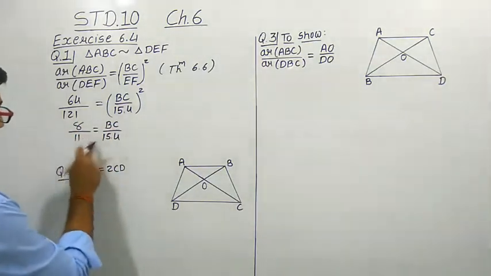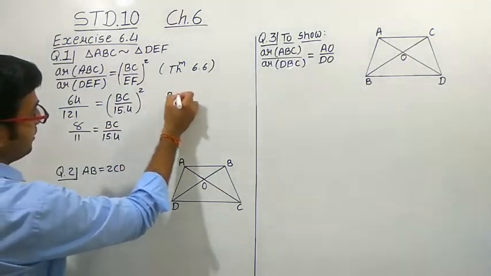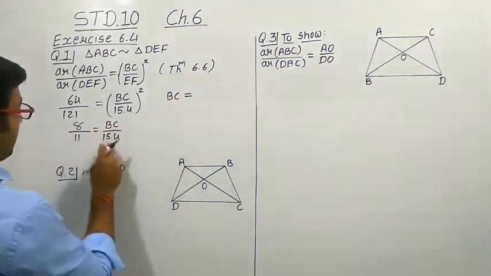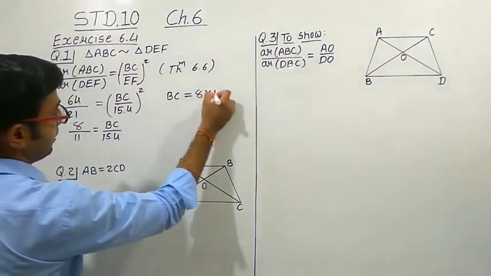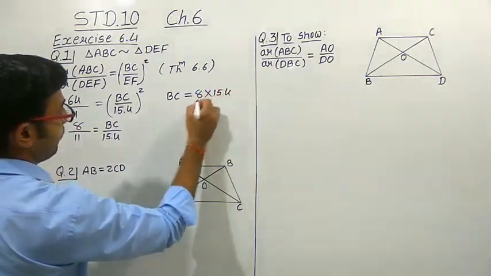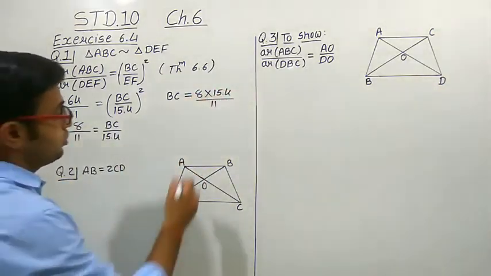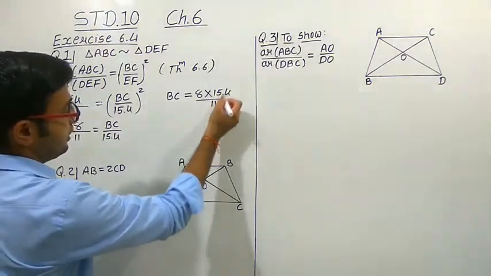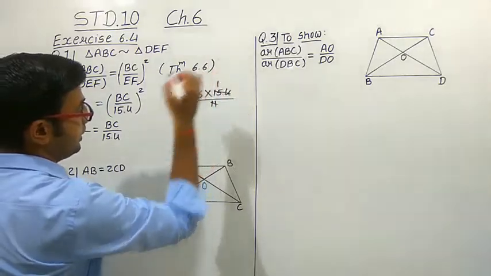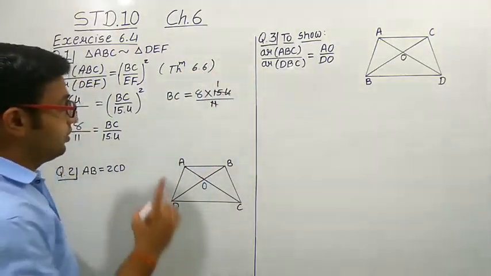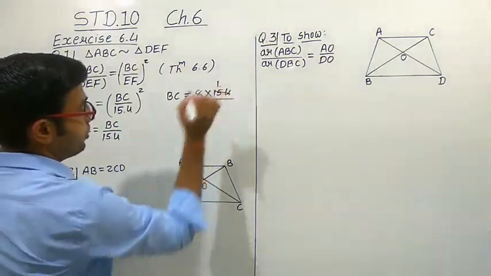Right? Now to find the value of BC, when we make BC the subject, we have to multiply 15.4 with 8, that is 8 multiplied by 15.4, and divide it by 11. So now let us cut this 11 with this 15.4: 11 ones are 11, 4 is the remainder. The decimal point is there, so we put the decimal here.